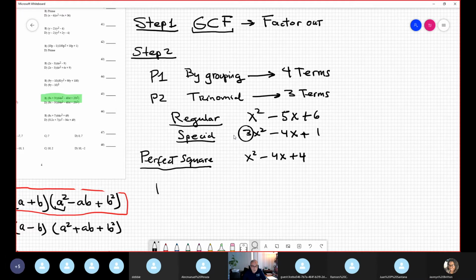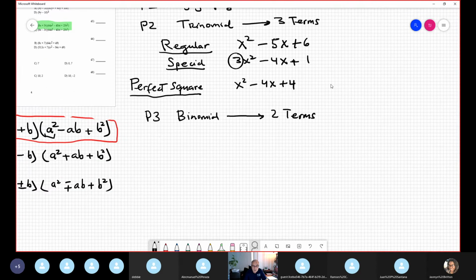And finally, possibility number 3, binomial. How do you know it is binomial? Two terms. And how many cases do we have inside the binomial? When we have the famous difference of squares, a squared minus b squared equals a plus b times a minus b, the formula that we are using in our specific example.